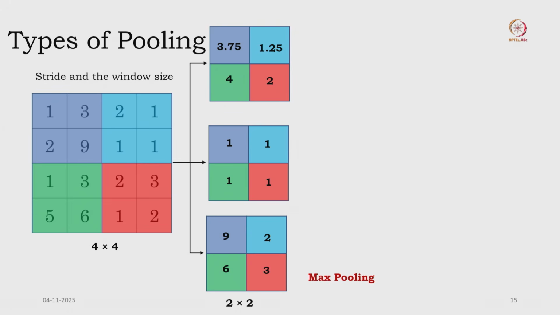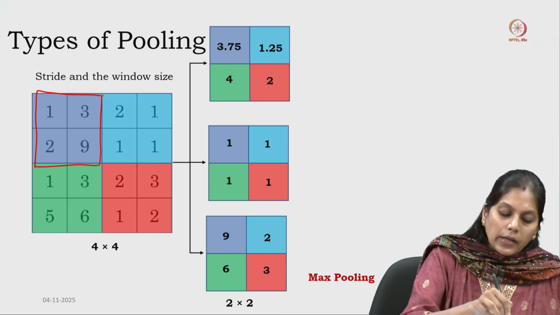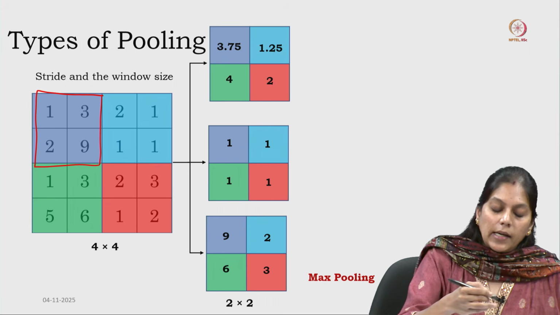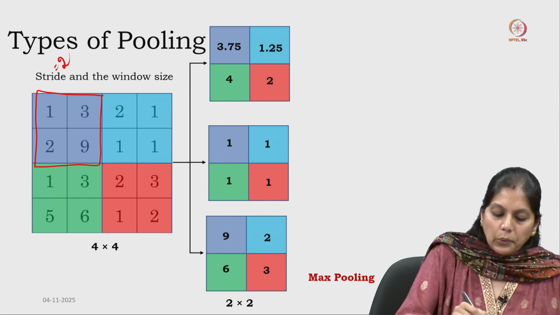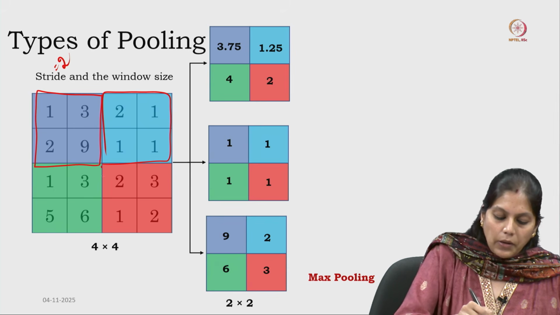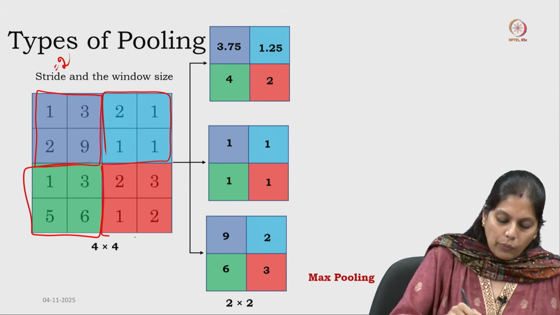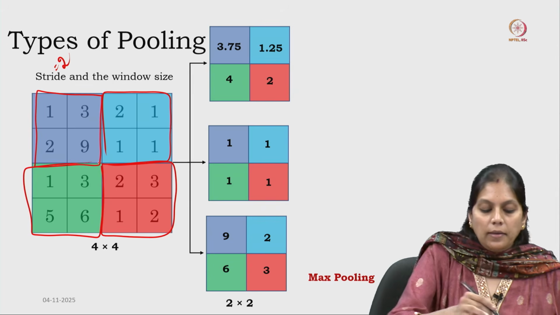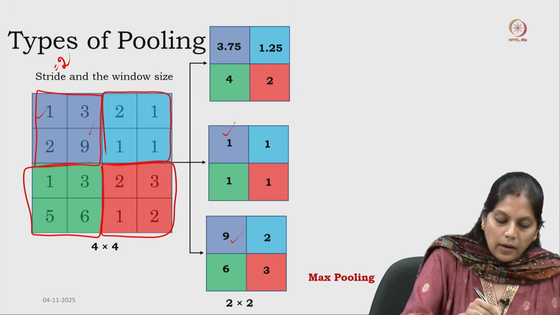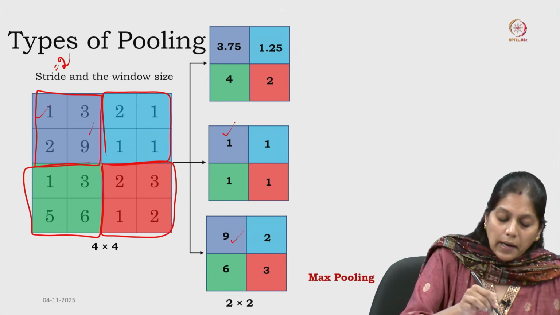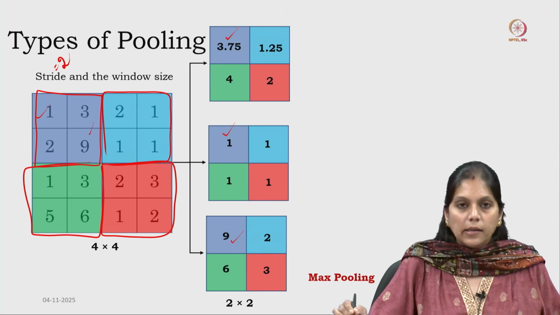Here, in this window of 2 cross 2, because the window is defined as 2 cross 2, you have not explicitly specified the stride, so the stride by default is 2. So the next window is this, and the next, the last window, is this. In this, the maximum is 9, the minimum is 1, and if you take 1 plus 3 plus 2 plus 9 divided by 4, you get 3.75.